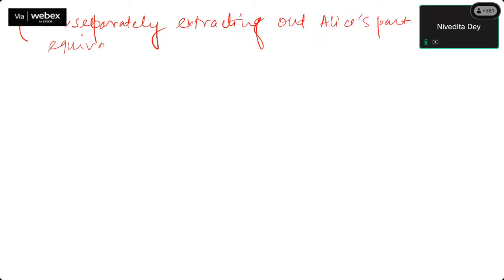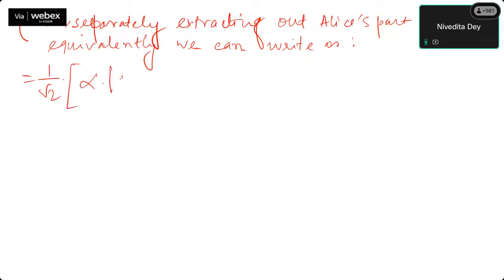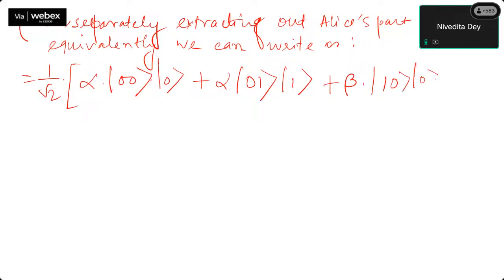equivalently, we can write it as 1 by root 2 alpha 00 times ket 0 plus alpha 01 ket 1 plus beta 10 ket 0 plus beta 11 ket 1, where of course this is control, this is target.